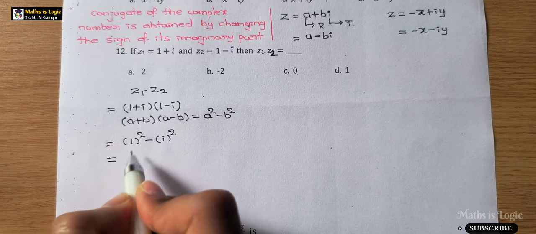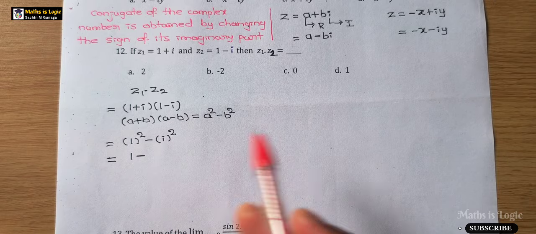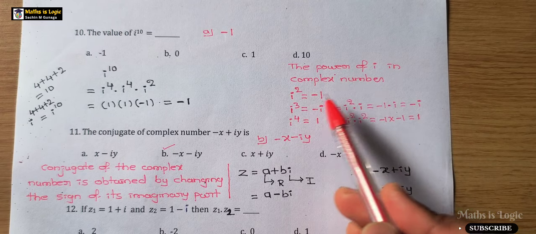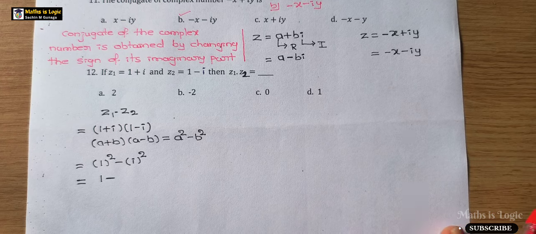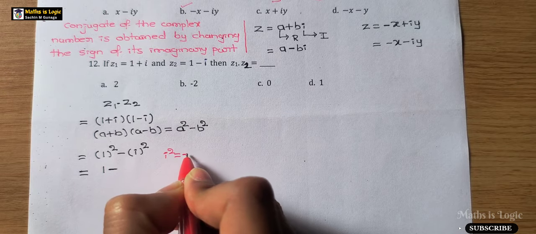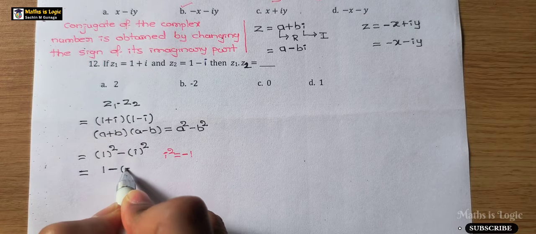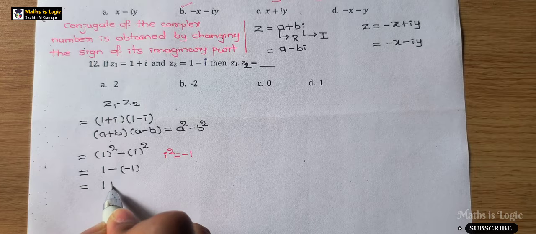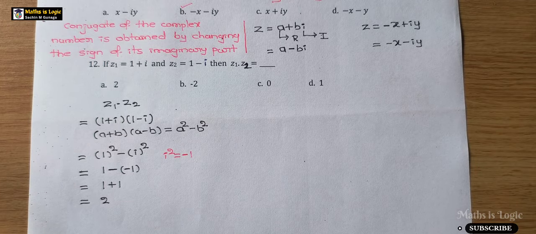Which is equal to 1 square is 1, minus i square. We know i square is minus 1. Therefore, in the bracket, i square is minus 1, substitute. So 1 as it is, minus into minus becomes plus. So 1 plus 1 is 2.